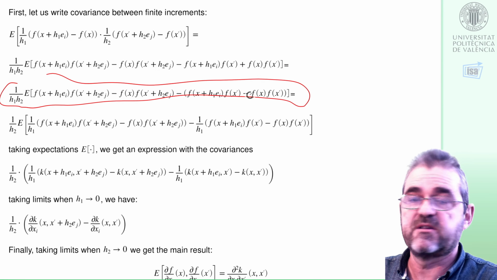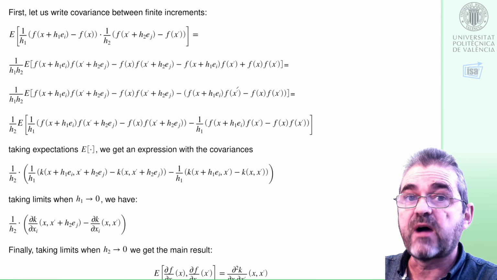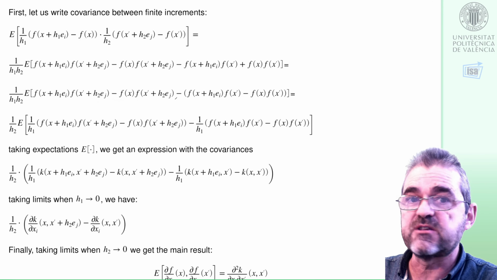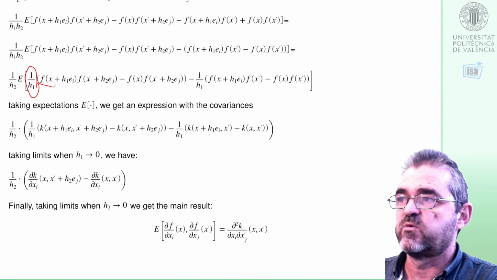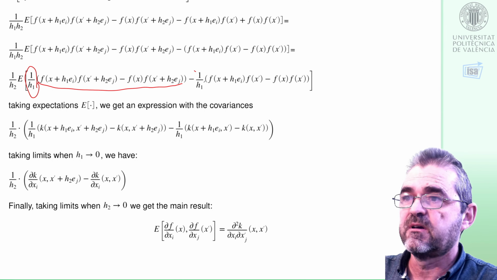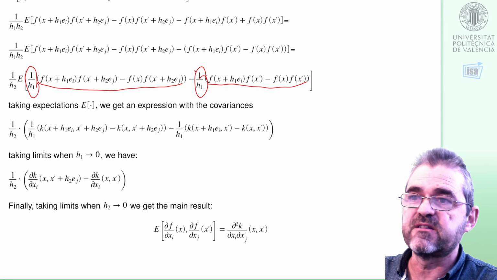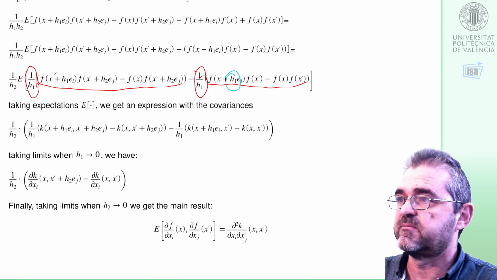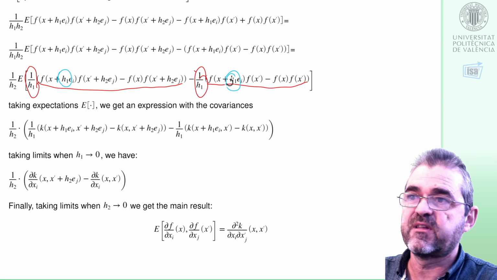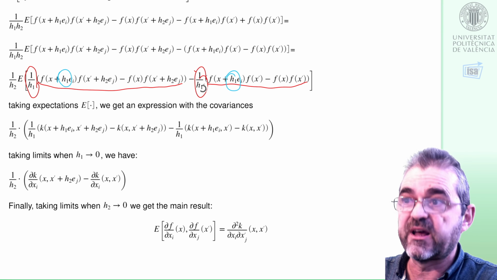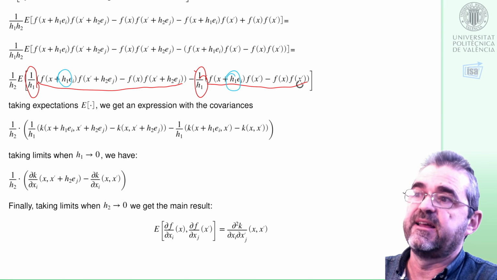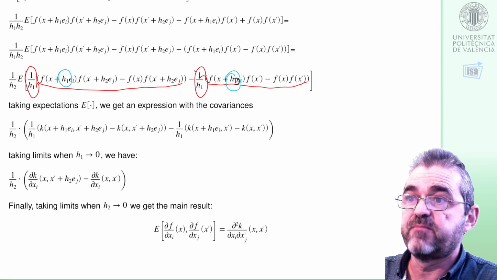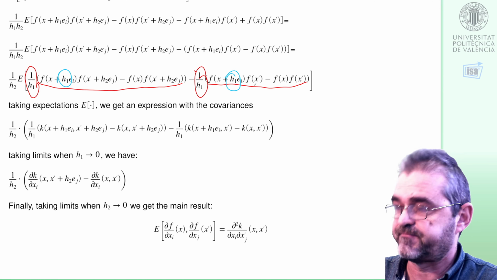So we have this expression, and now I will insert h1 again inside the expectation. So h1 will divide this difference, and also h1 will divide this difference. Why? Because I'm incrementing things by h1, so when I divide by h1, I'll get something which hints that there is a partial derivative over there.